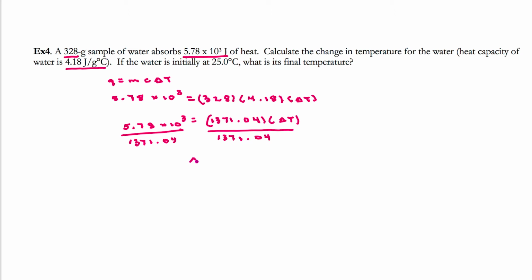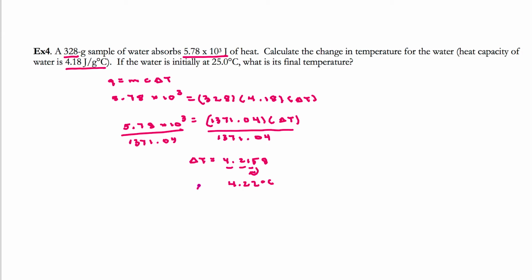And the change in temperature that I get, unrounded, is 4.2158. Notice all my values have 3 sig figs. So my change in temperature is 4.22 degrees Celsius.